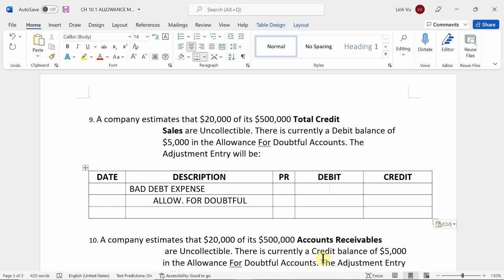You're not adding or subtracting. 15. 20. It's not 15.